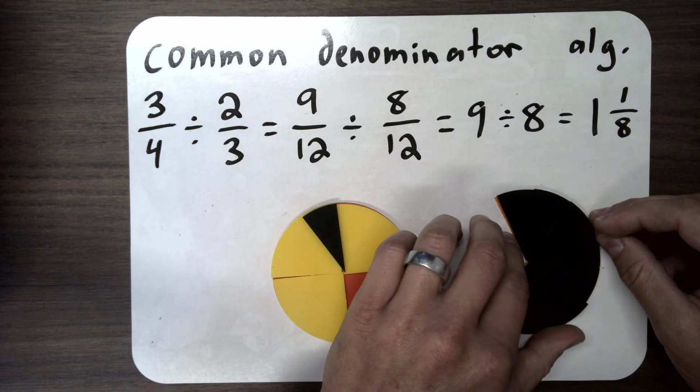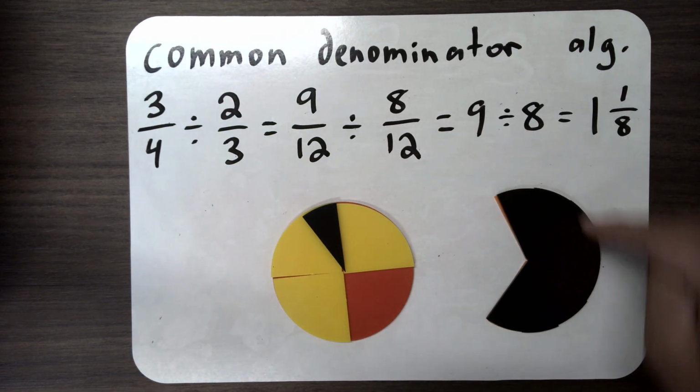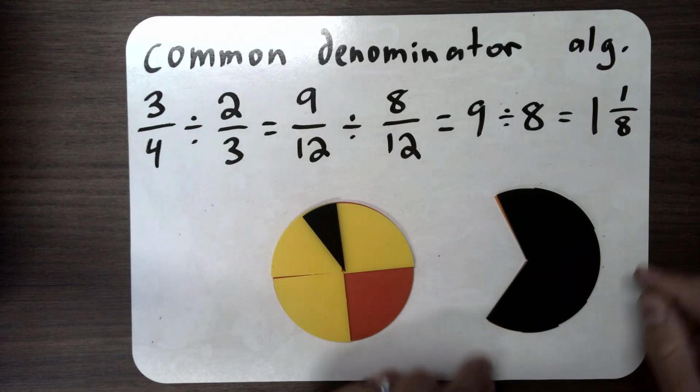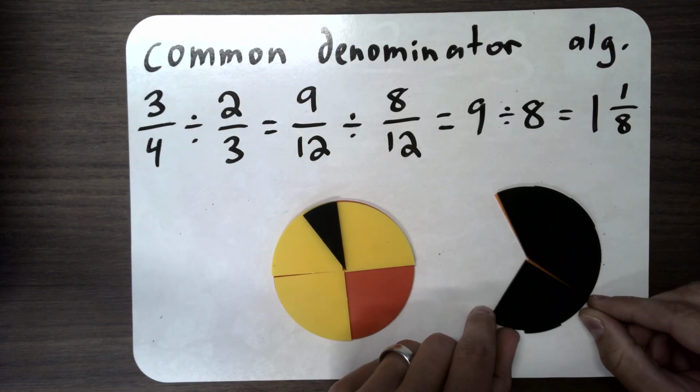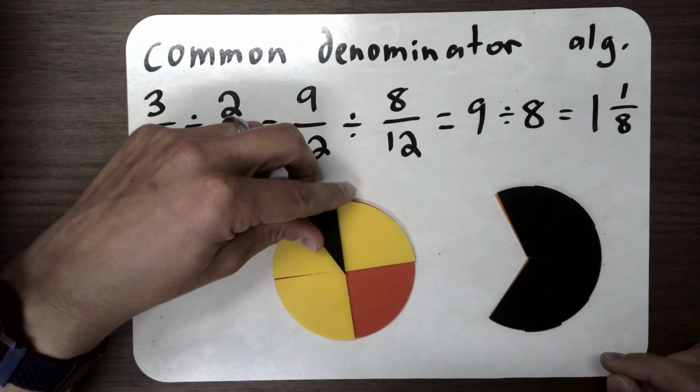Okay, so there's one group. So we have one full group of 8/12 or a group of 2/3. It's the same thing because they're equivalent fractions. They take up the same area here. But then we have this one piece that's left over.